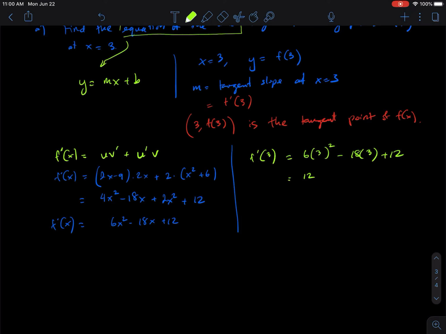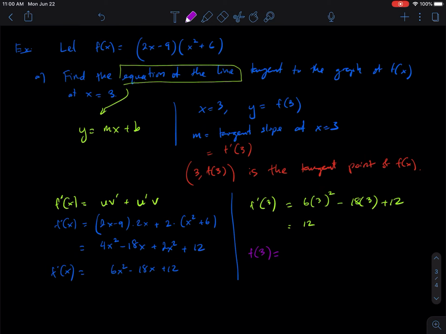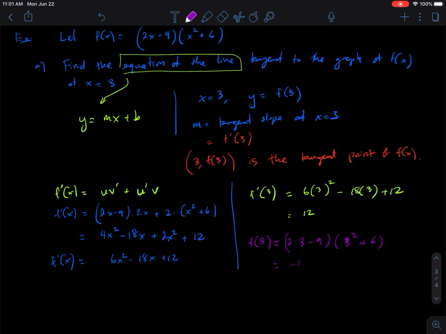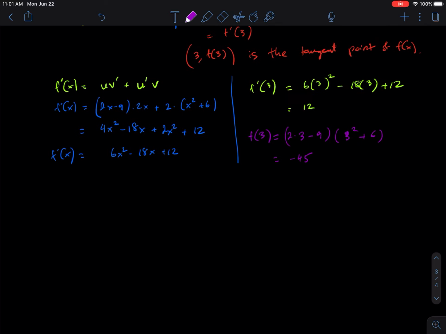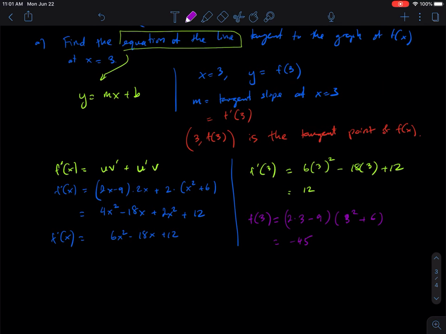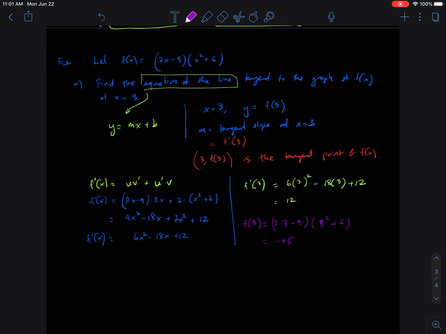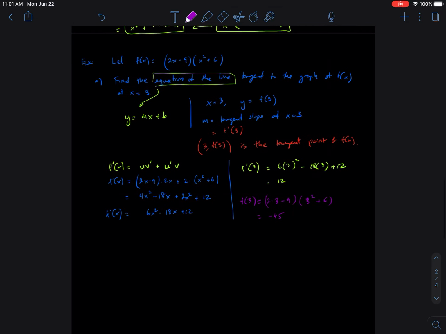And now we need the y coordinate at x equal 3. So that's 2 times 3 minus 9, times 3 squared plus 6. That's negative 45. So we have the tangent point and the tangent slope. We can solve for the y-intercept, and that should complete the equation of the tangent line.